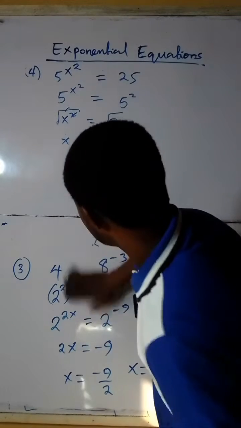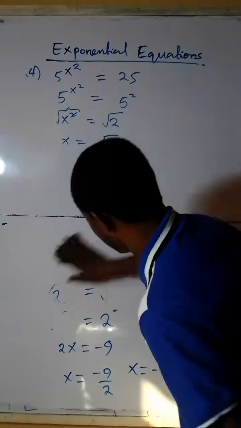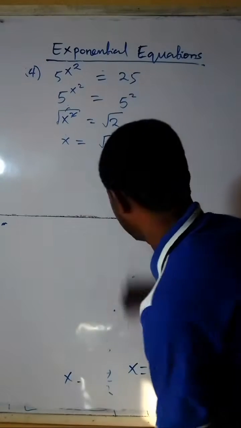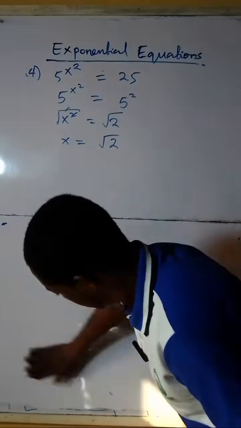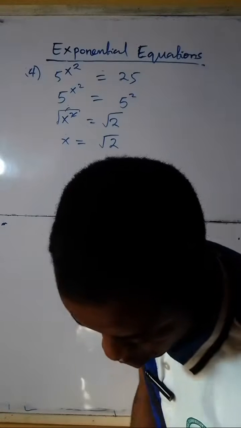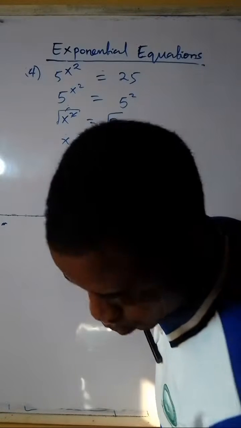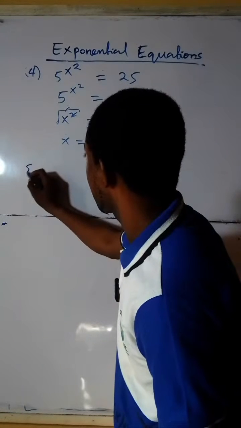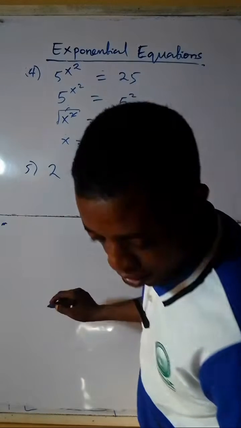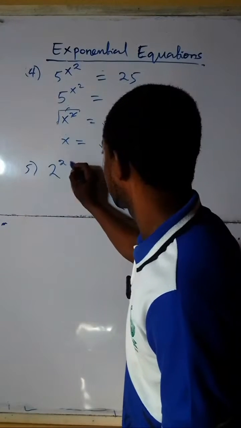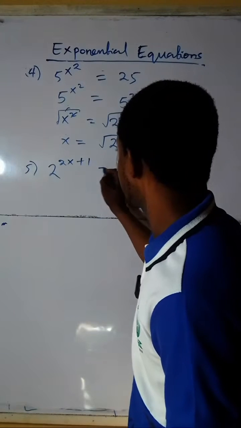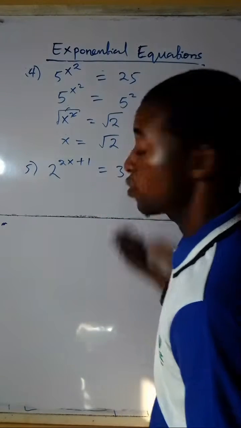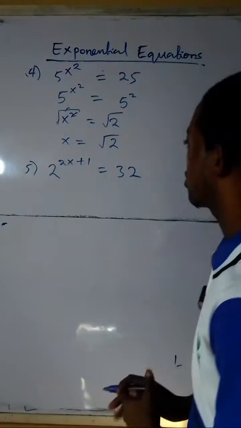Also, number 5, we have 2 raised to power 2x plus 1 equals to 32. Now, from here, we solve this equation as well.